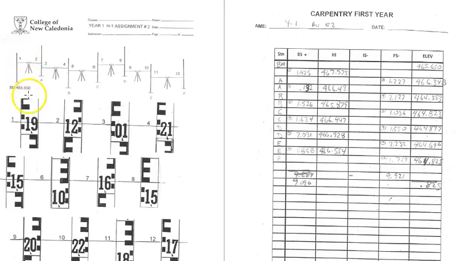So the first rod reading, 1.925, that we have over here would be a back shot to the benchmark. We're going to take our benchmark elevation, 465.65, and add to that the first rod reading, 1.925, and we get our height of instrument.